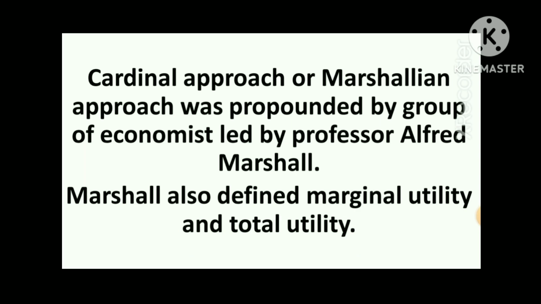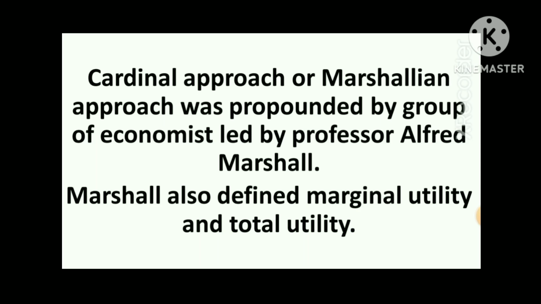The cardinal approach was propounded by a group of economists led by Professor Alfred Marshall. This approach to determine consumer's equilibrium propounded that consumer satisfaction from consumption of any good can be measured, which is called utility.